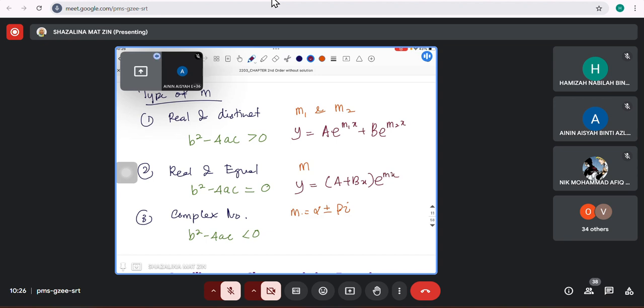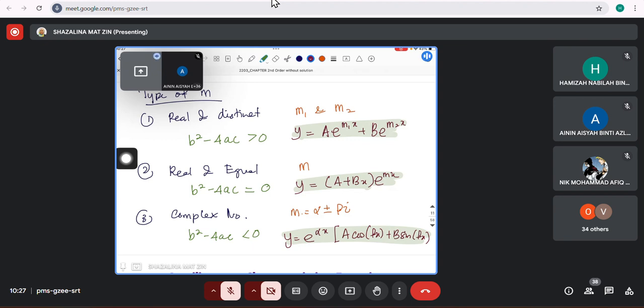And for complex number roots, y equals e to the alpha x, times A cos beta x plus B sin beta x. So this is the solution for the homogeneous equation. The solution all depends on the value of m, and the value of m depends on the values of a, b and c from the given homogeneous equation.